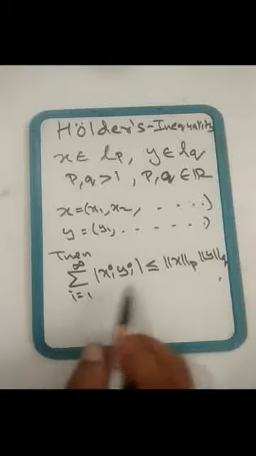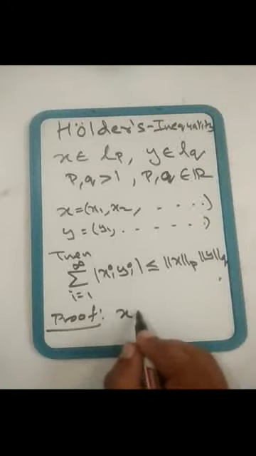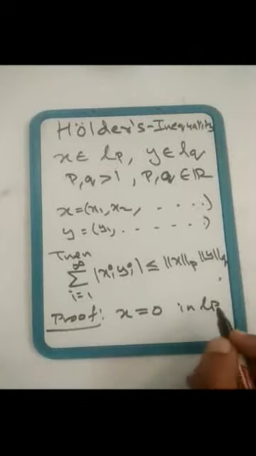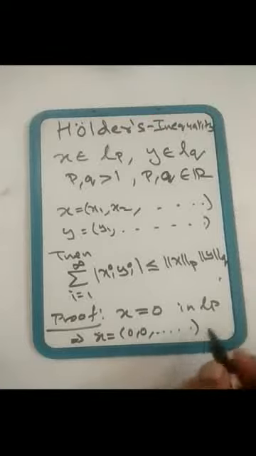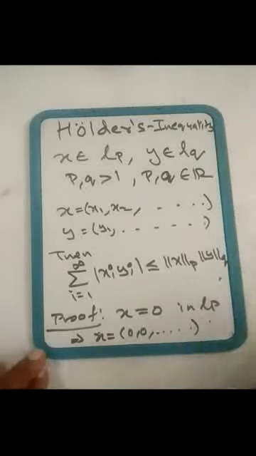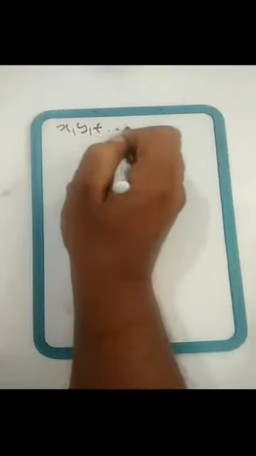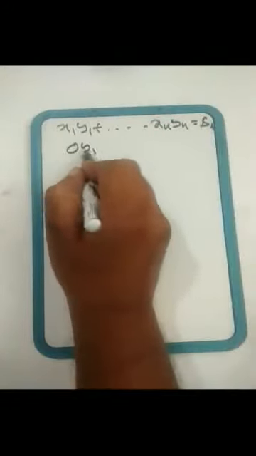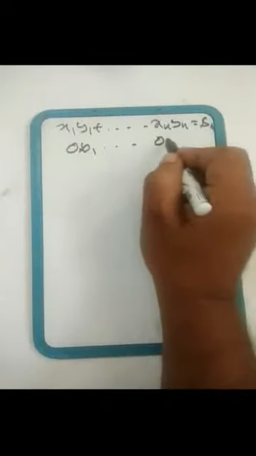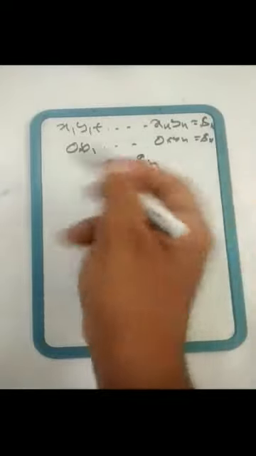Let's try to prove this fact. Assume x is 0 in l^p, thereby implying x is a 0 tuple, thereby implying the product x1 y1 is the nth partial sum, which is 0 into y1, up to 0 into yn, so each term is 0.